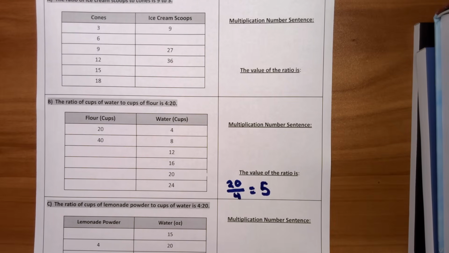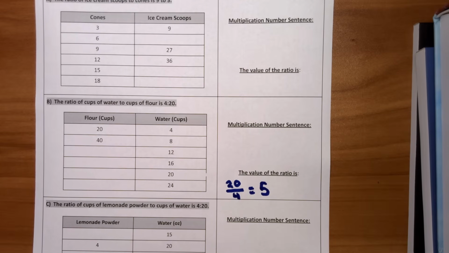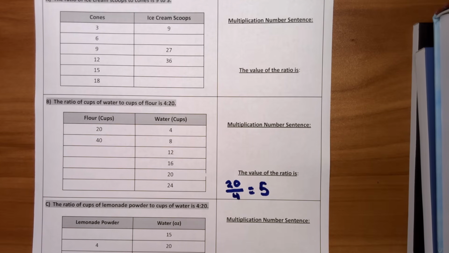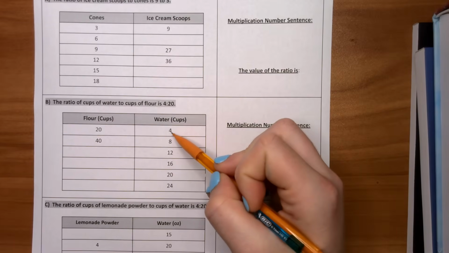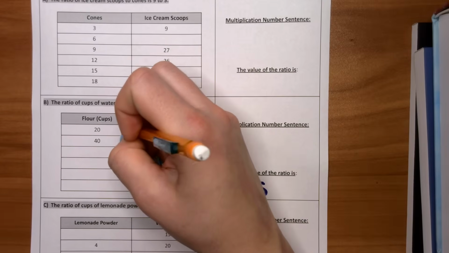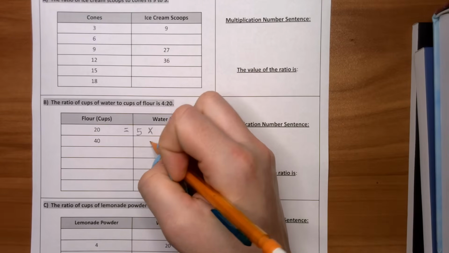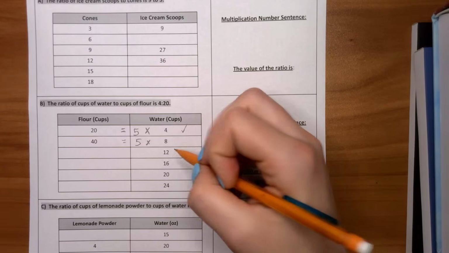Now, whenever you get your answer, you want to make sure that it works in your ratio table and that pattern is accurate. So let's check. I'm going to ask myself, can I multiply 4 times 5 and get 20? Yep. What about 8 times 5? Is that 40? Yep.